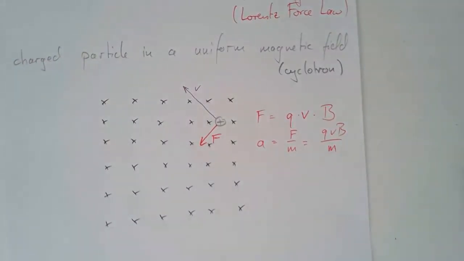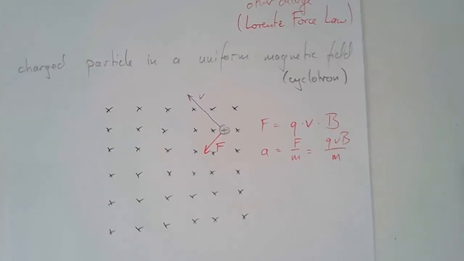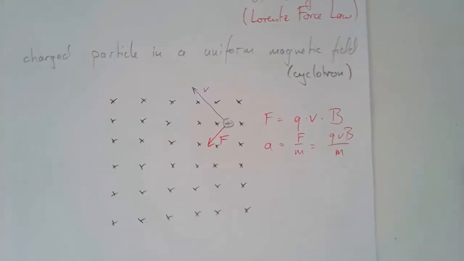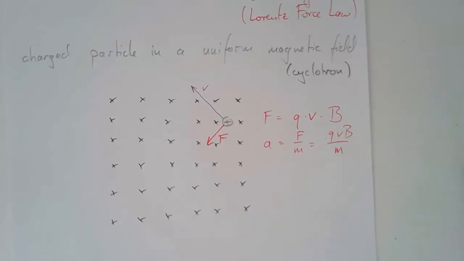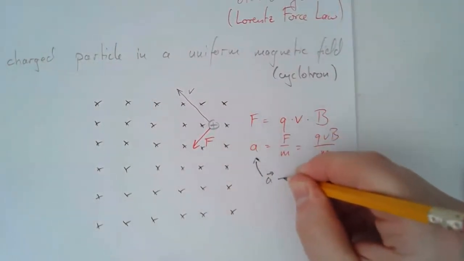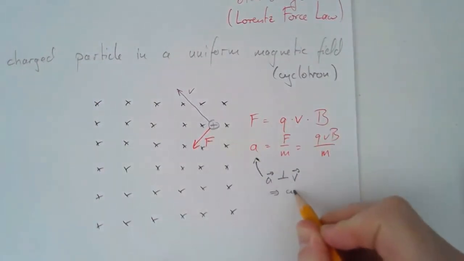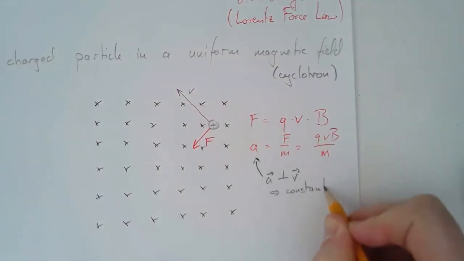So what does that mean? The acceleration is perpendicular to the velocity. Now you remember, hopefully, from your course on kinematics at the beginning of Phys 161 or 114 or whatever you took, that if the acceleration is perpendicular to the velocity, that implies it's constant speed and only changing direction.